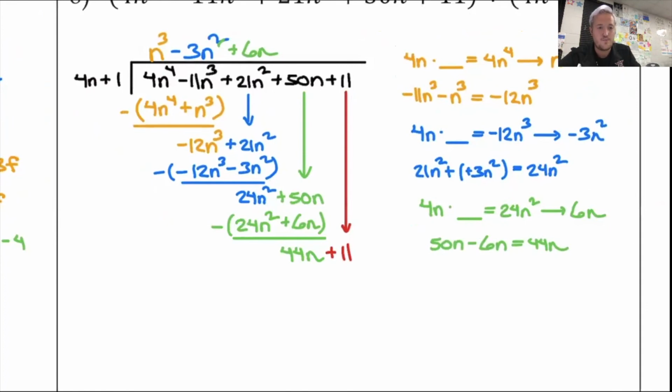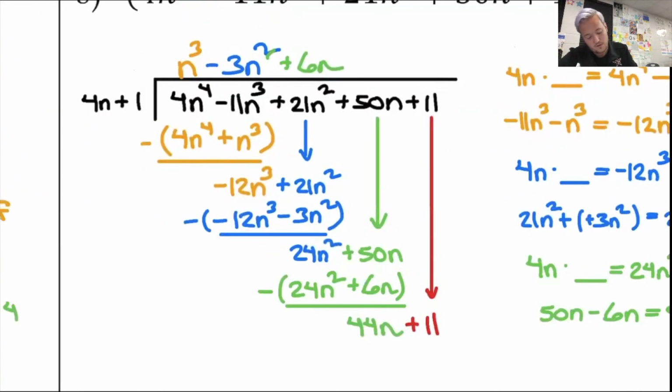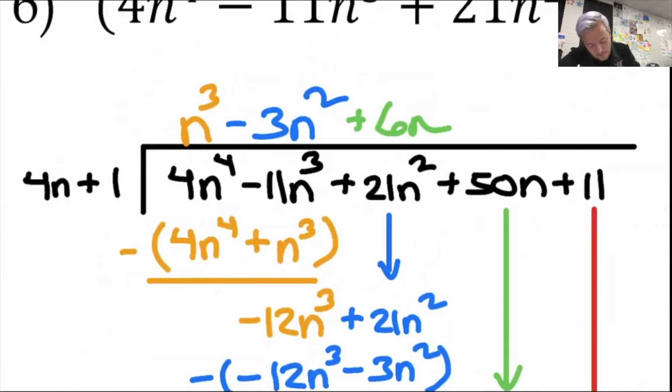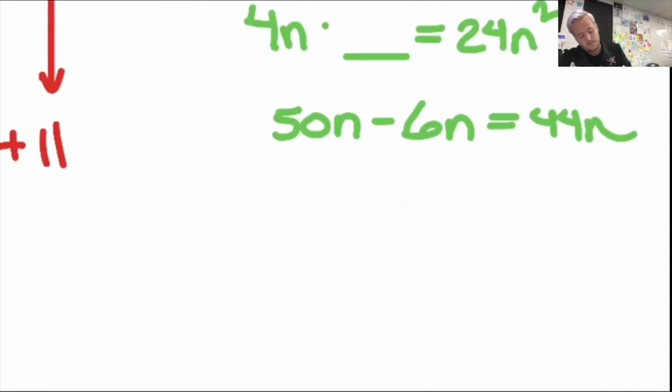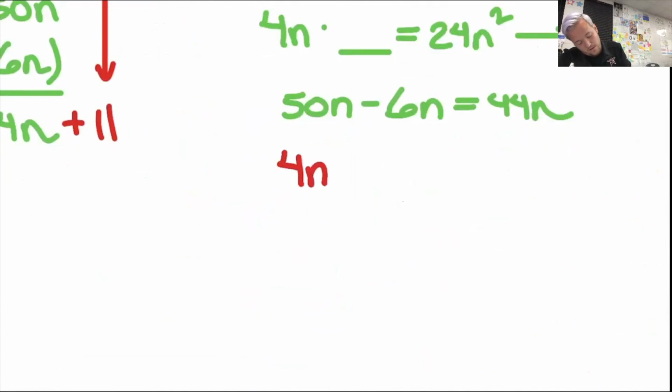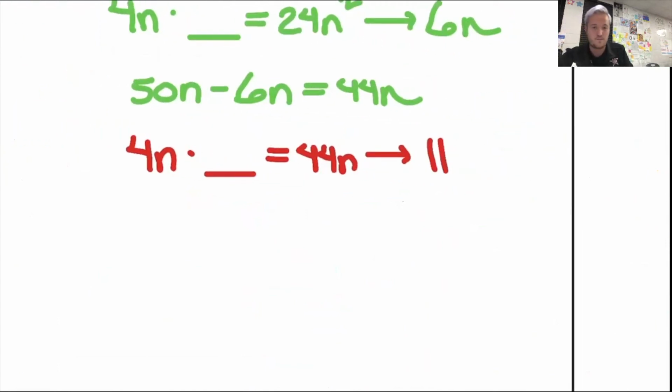All right, so 4n times some value to give you 44n. This small little green is bothering me. There we go. All right, so 4n times some value to give you 44n. So that equals 11.